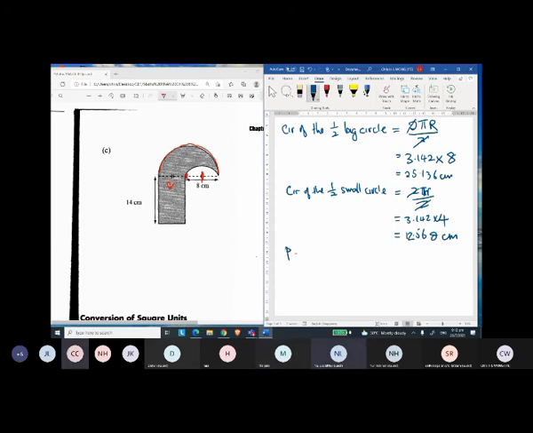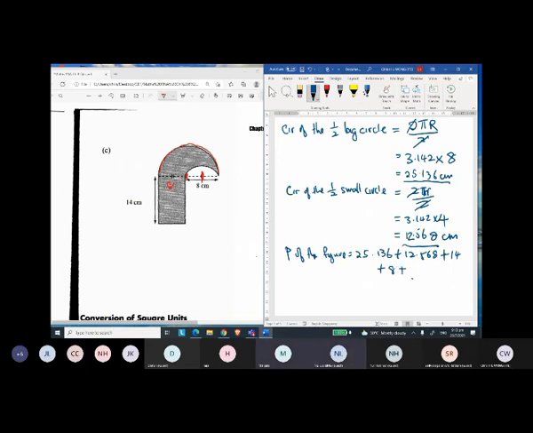So the perimeter of the figure equals the big one plus the small one. 25.136 plus 12.568 plus 14, plus 8 on the outside.